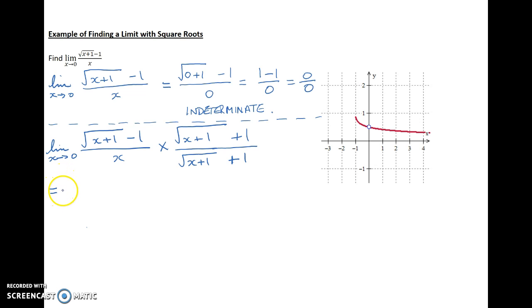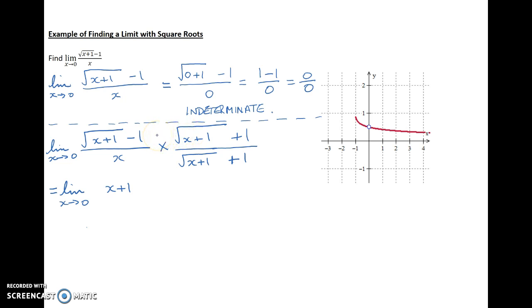Okay? Now, let's try and multiply those out. We're only going to multiply the top line here. We're not going to multiply the bottom line at all, and we'll see why in a minute. So, first of all, if we use FOIL to multiply the expression on top, square root of x plus 1 by the square root of x plus 1, when you multiply a square root by the same square root, you just remove the square root sign, so that's going to be x plus 1. Now then you have the square root of x plus 1 times 1, and the square root of x plus 1 times minus 1. Well, they're just going to cancel out.